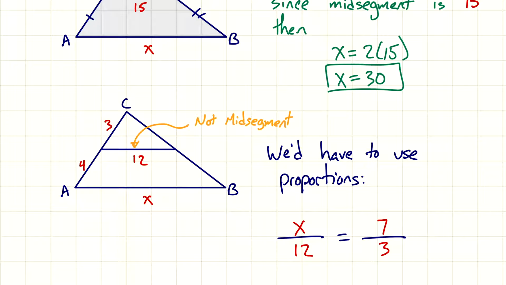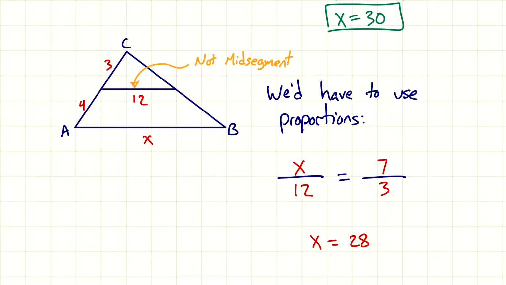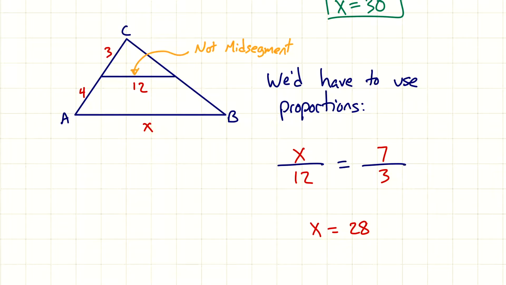All right, let's see if you got this correct. So if you cross multiply, you should have ended up with x equals 28. If you need me to show work on that one, that would have been 3 times x equals 12 times 7, right?